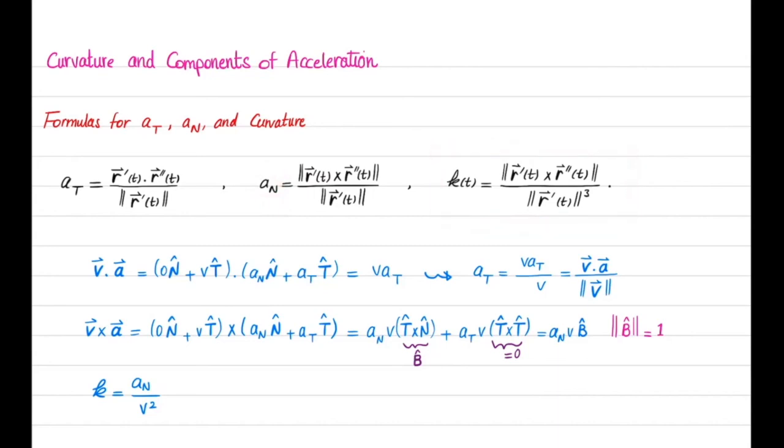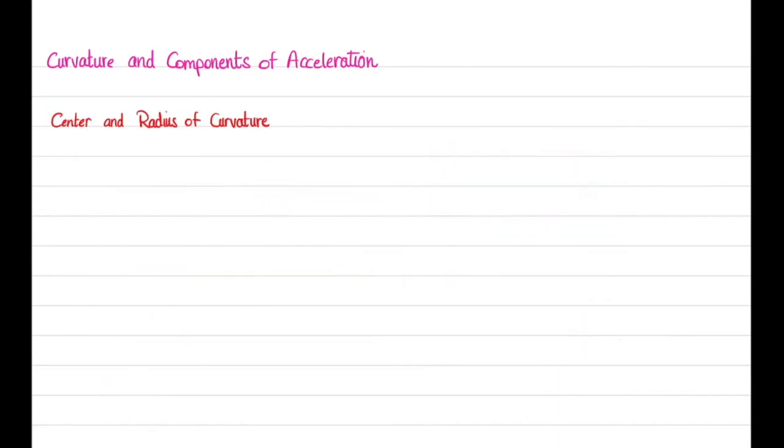Now let's define the radius of curvature. Let's say that we have a curve and we want to find the radius of curvature at point P. As we know, this line is tangent to the curve at point P. The radius of curvature at the point P on a curve C is the radius of a circle that fits the curve there better than any other circle.